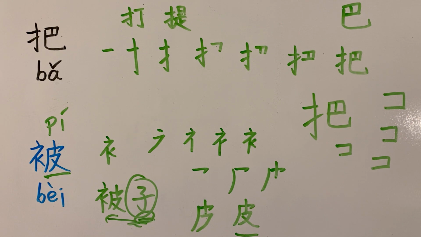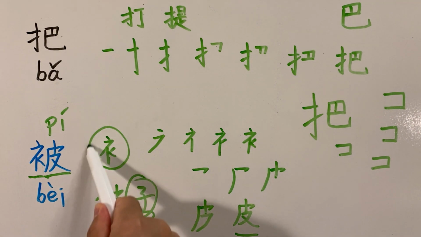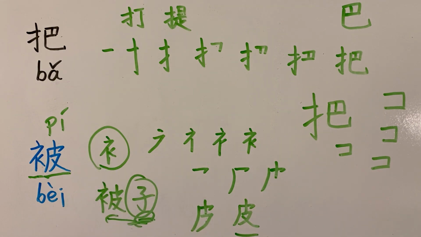Today in this video we have learned how to write 把 and 被. One last thing I want to mention is that the left part, 一字边, I said it has to do with close, but it can also have to do with clothes. It can combine with other parts to form a lot of other words.